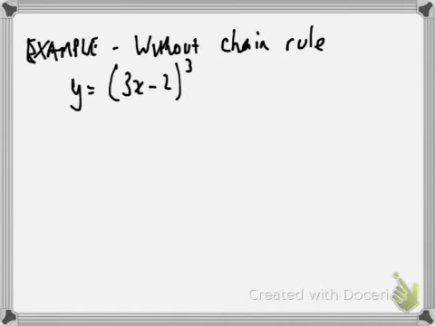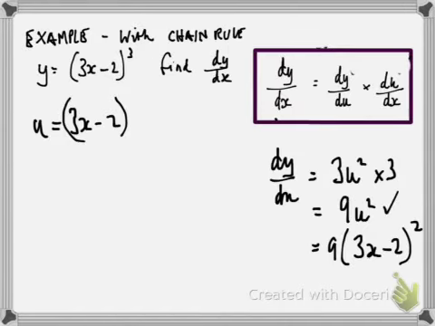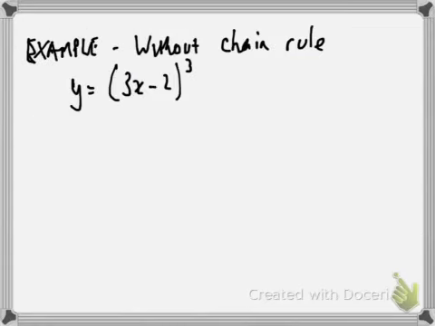Now I'm going to go back to that first example, and instead of using the chain rule, I'm going to use a different rule. Okay, so here we go. With the shortcut here, what we can do, first of all, dy/dx, is put the index like we have in the other shorter rules, we're going to place it out the front.